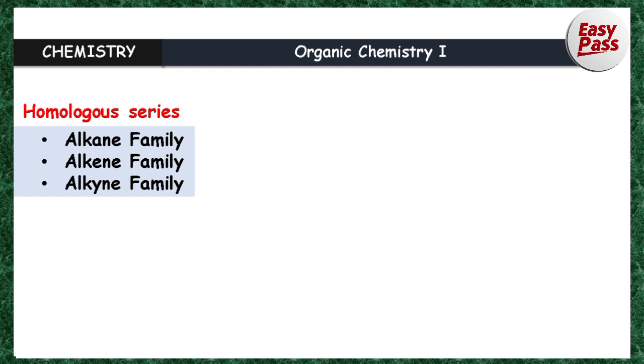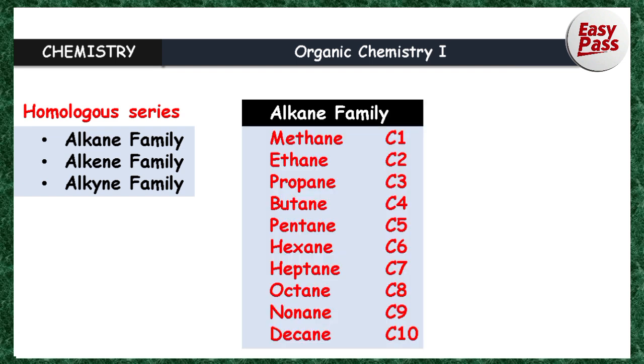The first 10 members of the alkane family are: methane, carbon 1; ethane, carbon 2; propane, carbon 3; butane, carbon 4; pentane, carbon 5; hexane, carbon 6; heptane, carbon 7; octane, carbon 8; nonane, carbon 9; then decane, carbon 10.